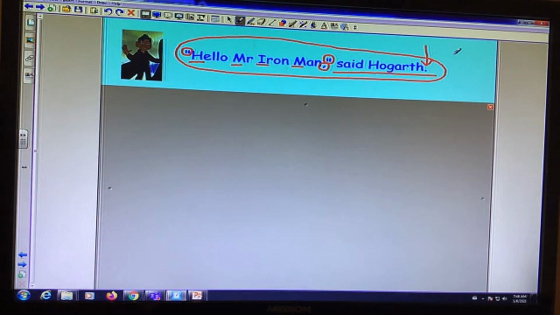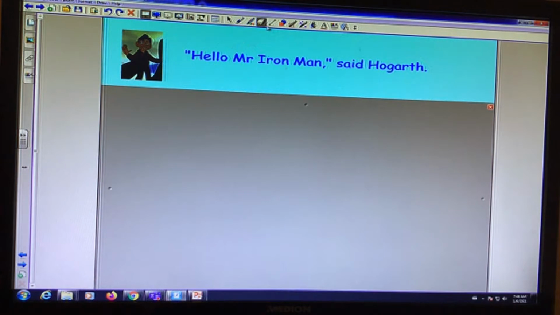Okay, so let's just rub all this mess out and go through it one more time. Speech mark to say the character is about to speak. Then you've got your first word that is spoken by that character. It has a capital letter. Hello, Mr. Iron Man. Capital letters because it's his name. Okay. Now the speech is finished nearly. We have a little bit of punctuation there.